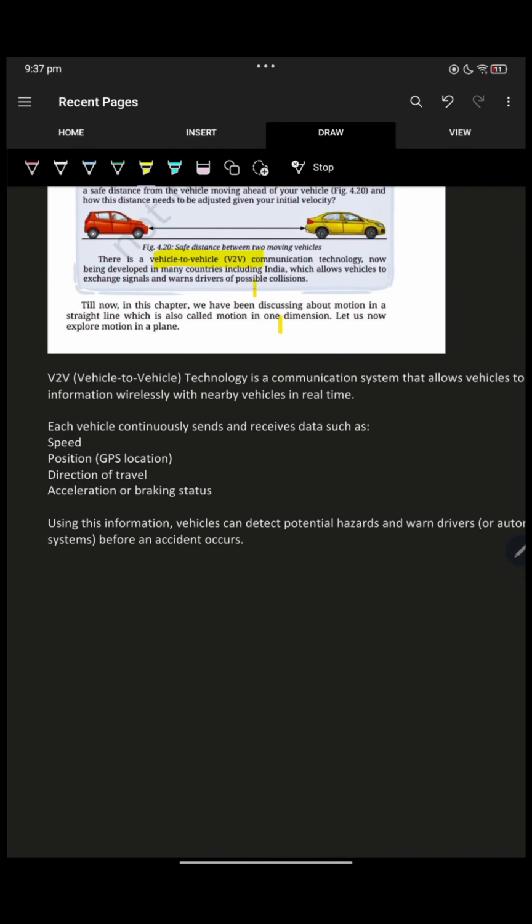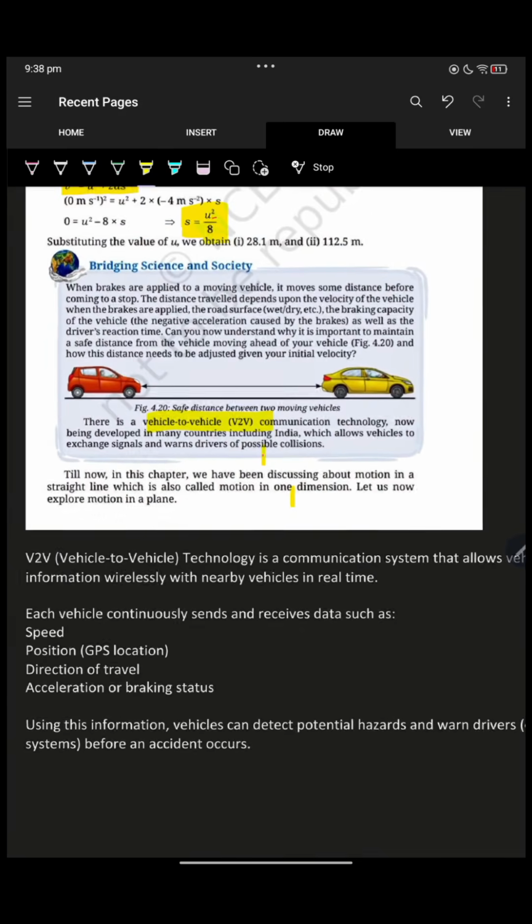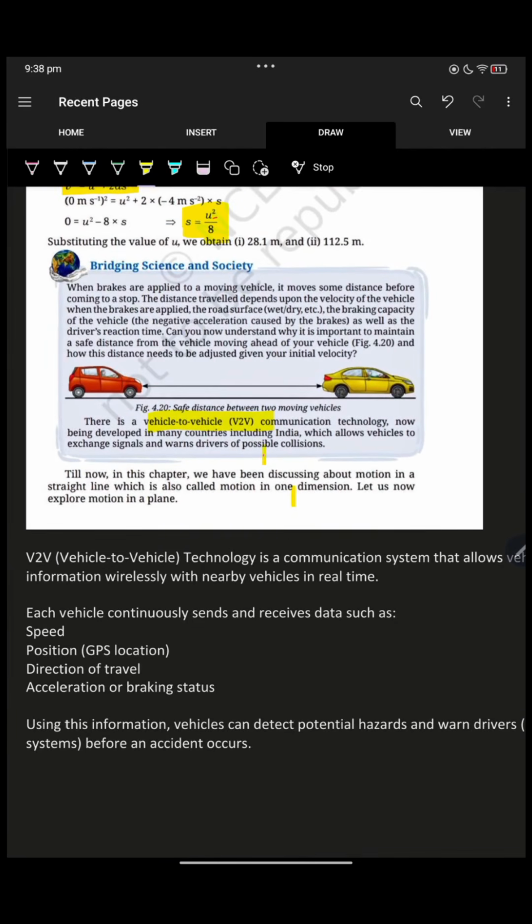Before you can even see the brake light of the vehicle, you will get the signal. This is very important in order to avoid accidents or any mishap. So what I said is vehicle to vehicle, V to V communication technology. Do a little more research about it and get to know something new.